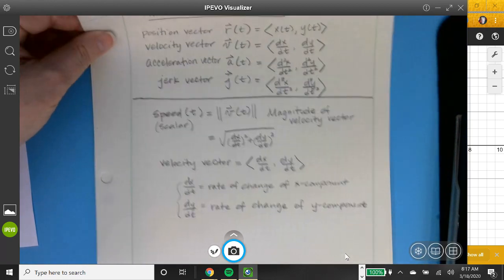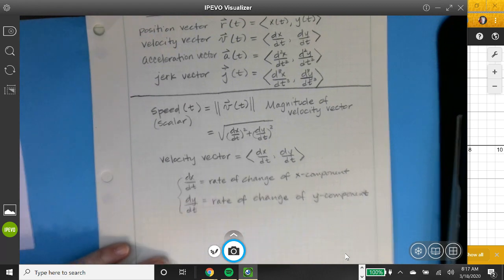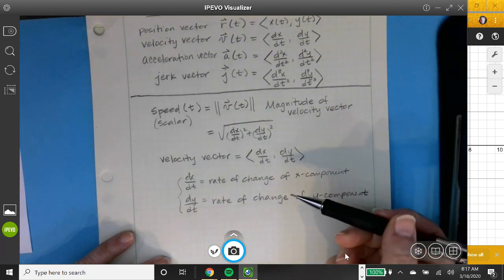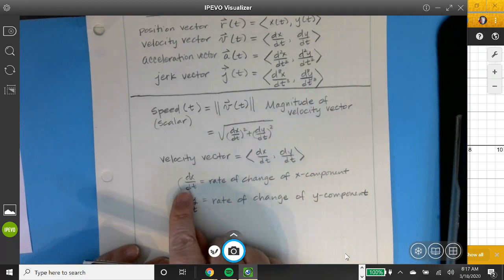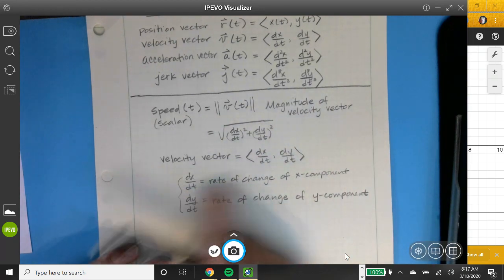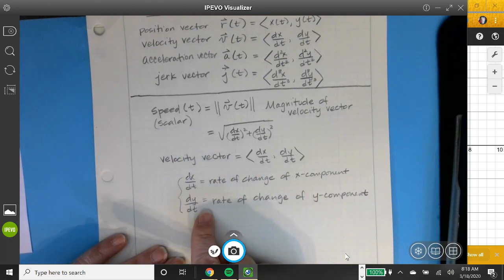But what's a little bit different than the one-dimensional motion that we're used to, okay, is that the particle's going to be moving left if the dx dt is negative. It's going to be moving right if dx dt is positive. It's going to be moving up if the dy dt is positive, and down if the dy dt is negative.